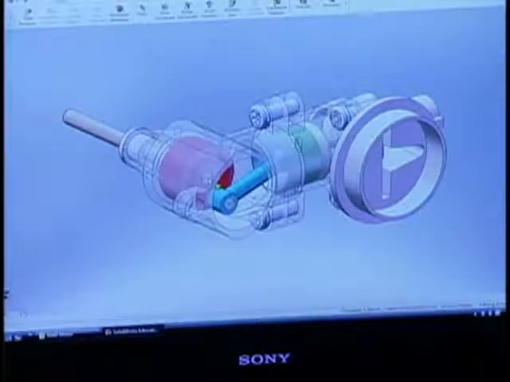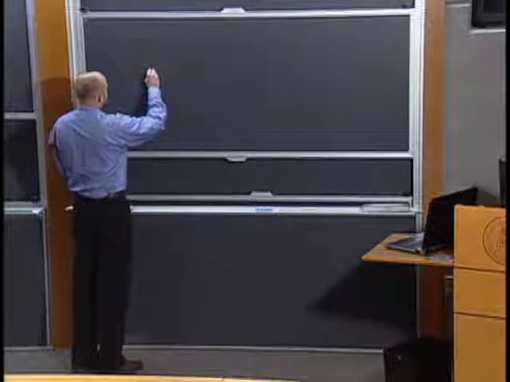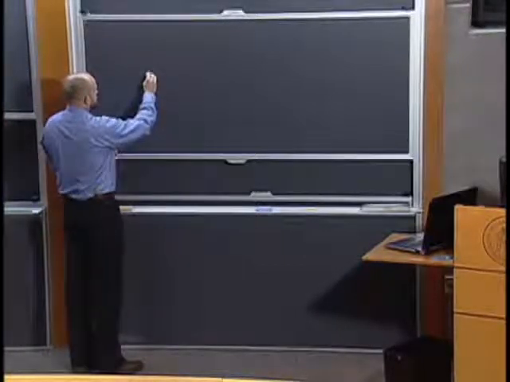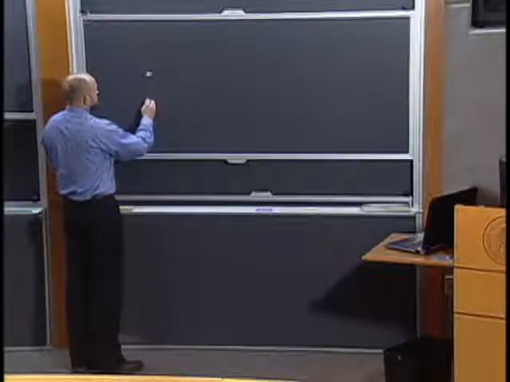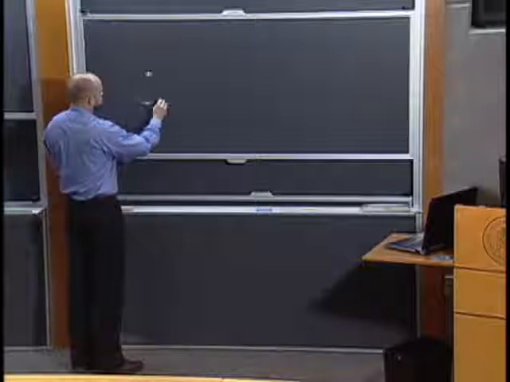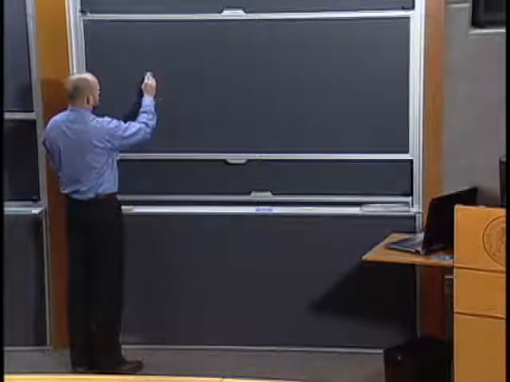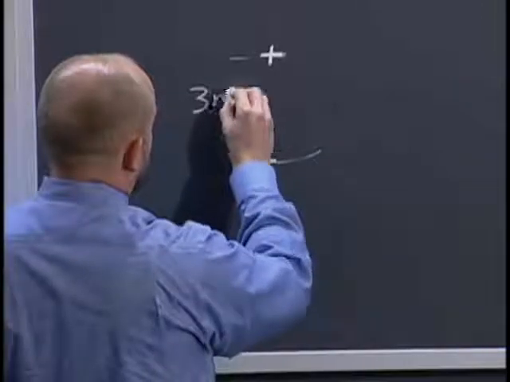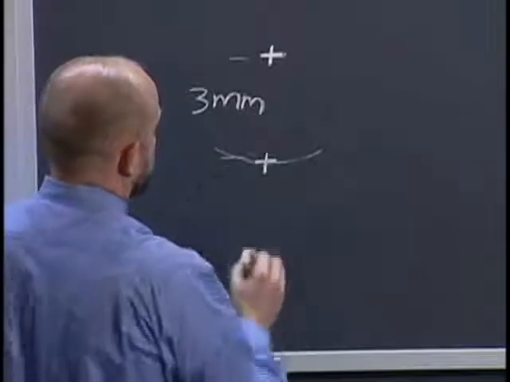So now I'm going to go to the board and talk about the solution to that problem. So we said that there was a crankshaft with a center at some location, and we indicated that there was a connecting rod linked to it so that it could move in a circle like this, and that from here to here there were 3 millimeters of displacement.